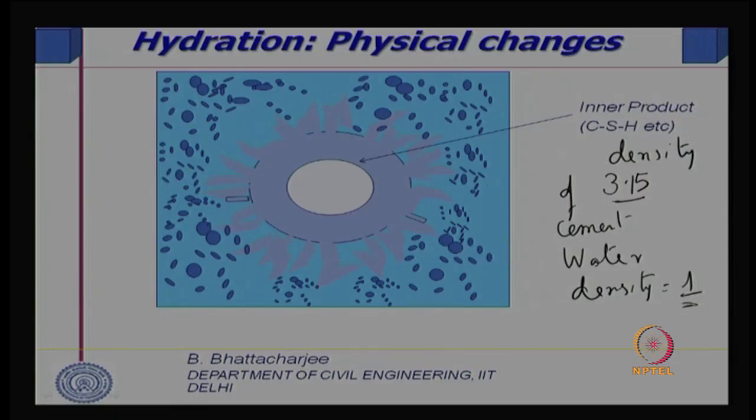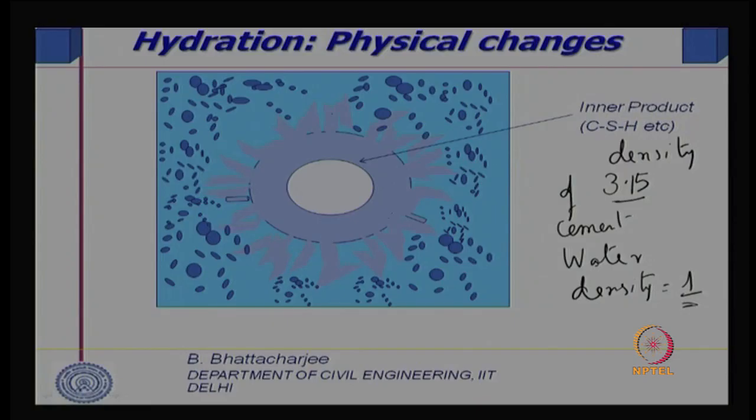So, it occupies more volume than the volume that was occupied by the cement. Therefore, you find that these spaces are also filled with solid. Some water has reacted and the product has gone outside the periphery.